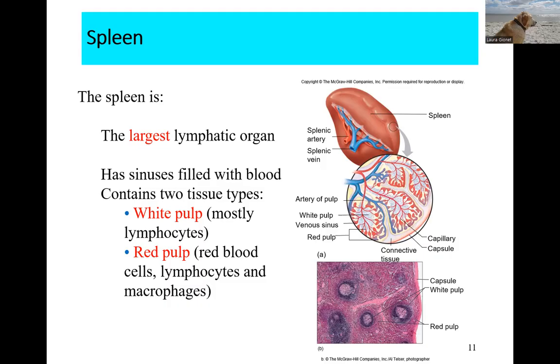So the white blood cells that we find, not only in the spleen, but in lymph nodes, are lymphocytes and monocytes or macrophages. If you ever get a question, and I've seen many NCLEX questions, and I never saw this asked, if there's ever a question about which organ contains white pulp or red pulp, it's only the spleen.